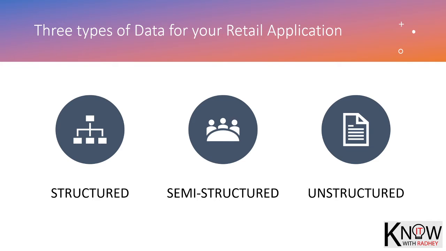Now, in order to understand the three types of data, this is a global classification. As a data engineer, this remains common. Till the time any fourth form comes, we have these three types of data: structured, semi-structured, and unstructured.